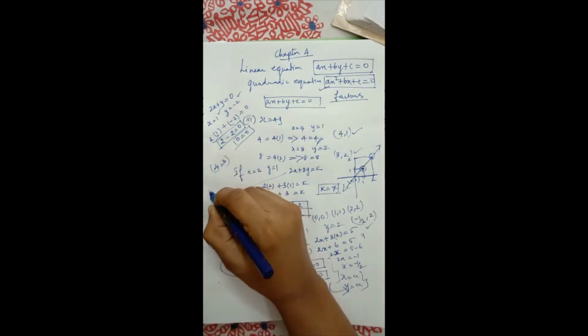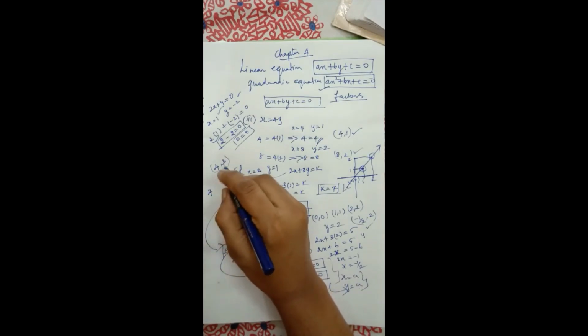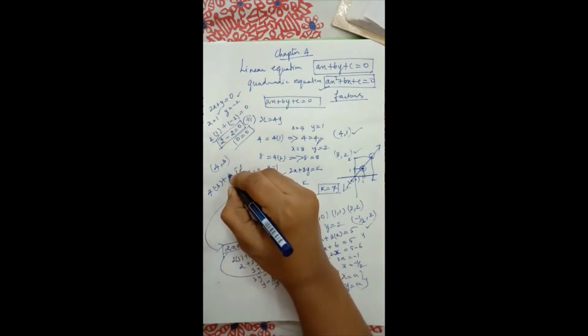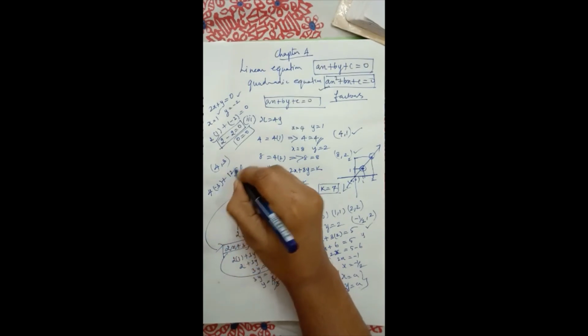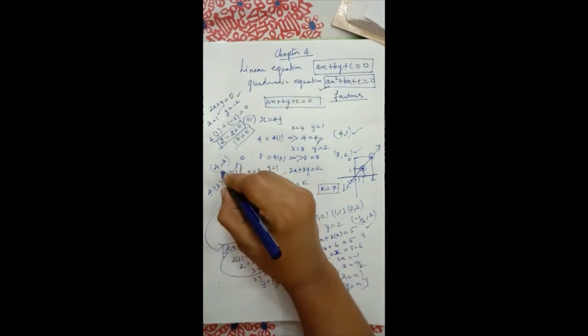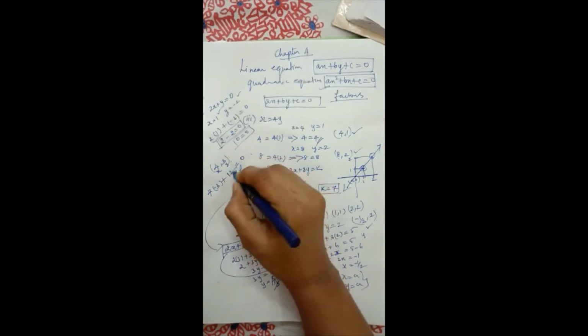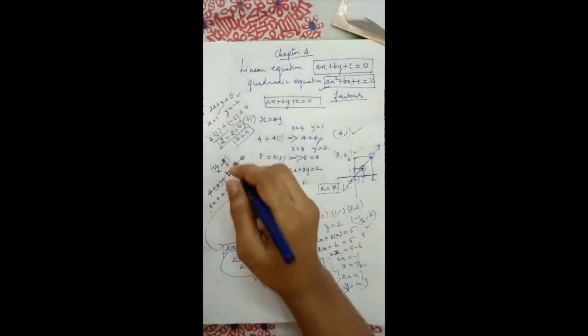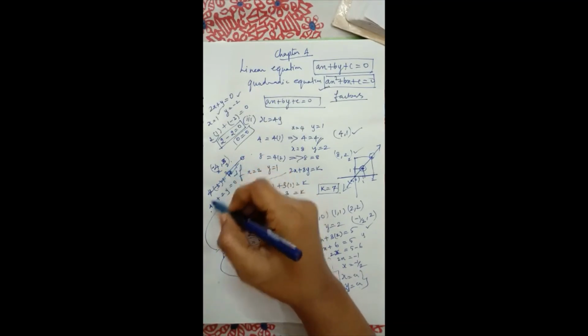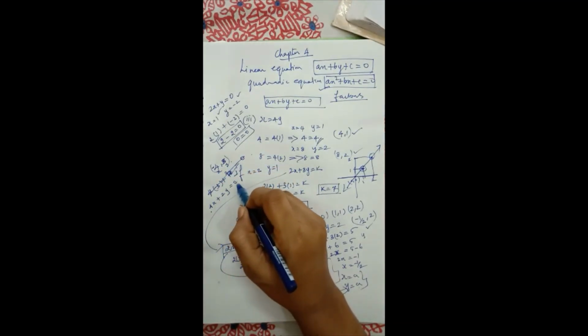Students, listen, some equation is, for example, 4x plus 2y equal to 0.